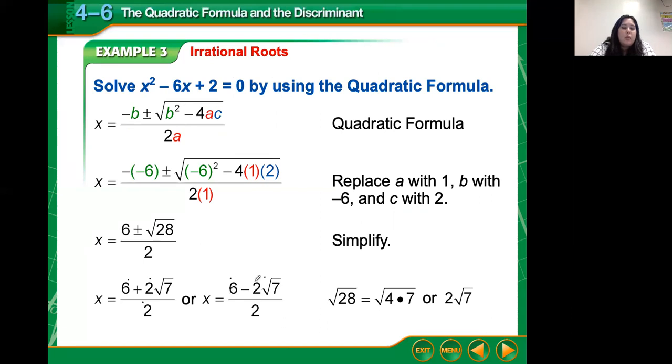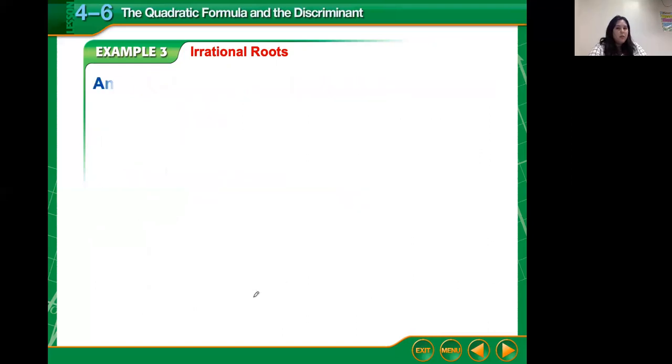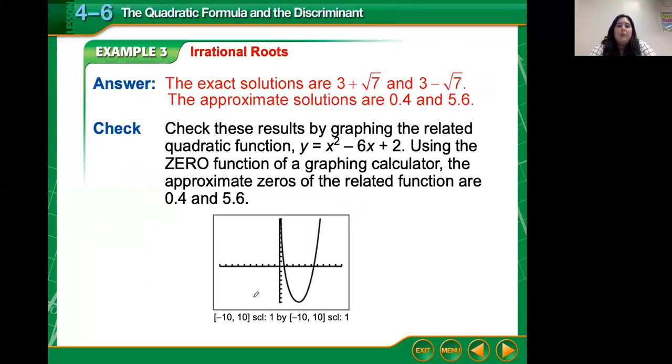If not all 3 of these values outside of the square root are divisible by the same number, you can't simplify. So the approximate solutions are 0.4 and 5.6, depending on if they want you to round or not, but the exact solutions are 3 plus square root of 7 and 3 minus square root of 7. And of course, you can check the estimations by graphing.